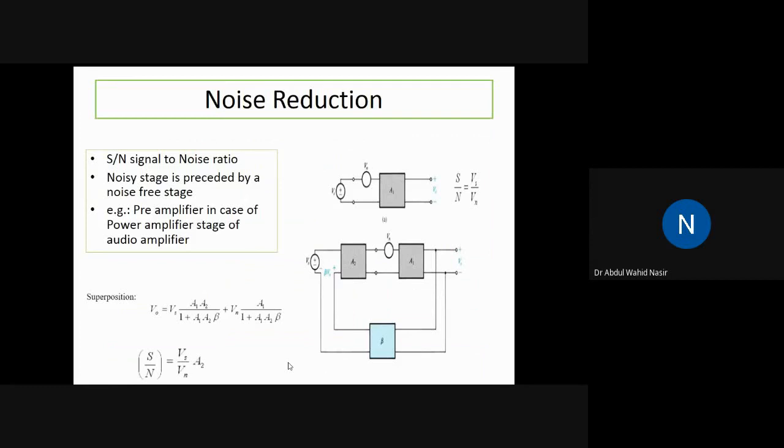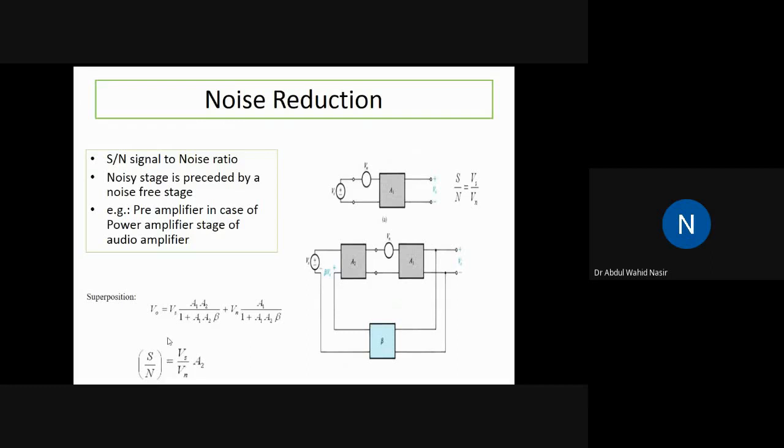The noise reduction. Now consider a system. Here we have a supply and we have a noise. So what is the best way to analyze the noise of a system? To have a signal to noise ratio. Now consider this example where we have a noise Vn that we have introduced, and using the superposition theorem we find the value for V0. Also for V0 we find the signal to noise ratio considering the noise.